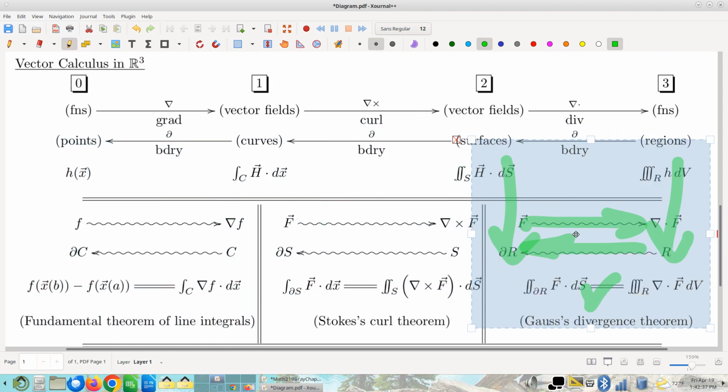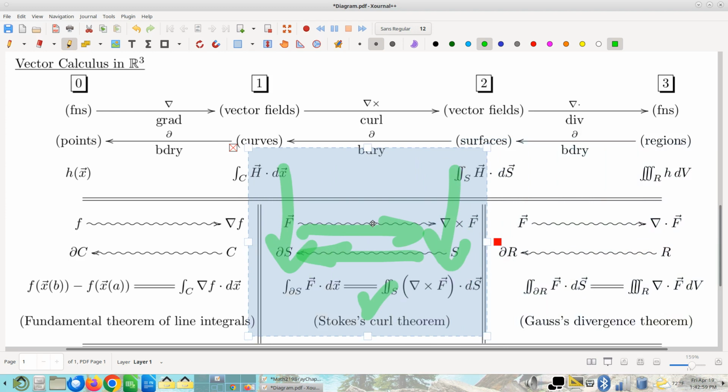Gauss's divergence theorem says that if you take a vector field and look at its divergence, and you take a solid three-dimensional region and look at its boundary surface, and you look at the flux on the left and the triple integral on the right, you get the same thing either way. Ditto Stokes's curl theorem. Exact same pattern. So what I like to call an eyebrow raiser. This should be strongly suggestive to you that there is an underlying good reason that we'd want to lay things out in this way.